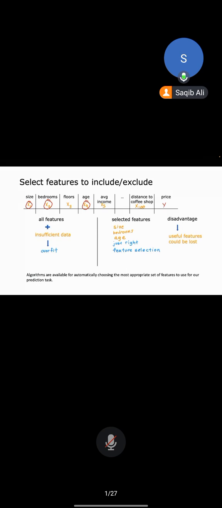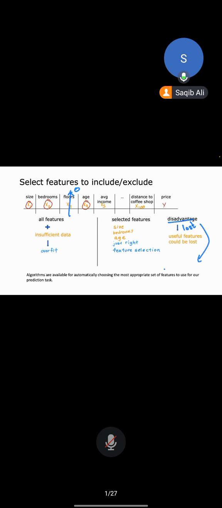But there is one disadvantage of using feature selection. Because we do not know, there is a chance that a useful feature might be dropped. Okay, say we do not consider some feature, for example, average income or number of floors, we make number of floors equal to 0. But in many cases, number of floors is an important feature. If we exclude this feature, there is a disadvantage that some useful information is lost.